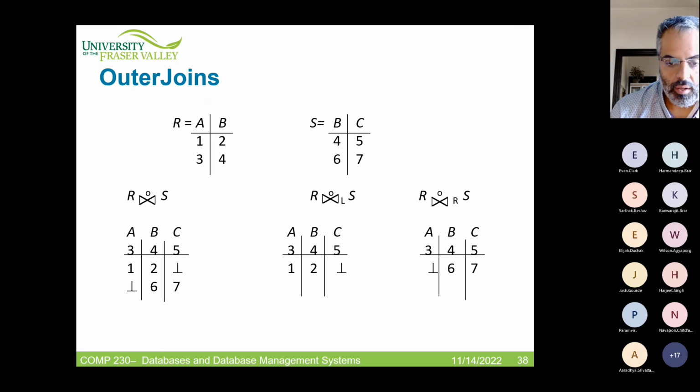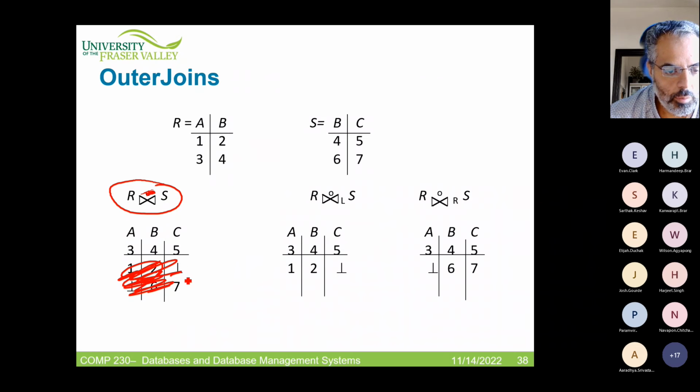So outer join says, okay, let's take the full outer join. If we consider it as a natural join, forget about this, this will be the output. In the common attribute we have a 4, just 1 common value in the common attribute.